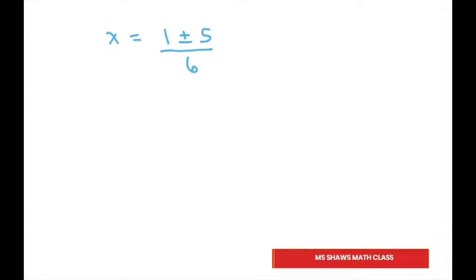Now, the reason you have the plus and minus is because of the square portion. So what we're going to do is split it up now. And that way we're going to take the plus part. So x is 1 plus 5 divided by 6. We also have 1, and take the minus 5 divided by 6.